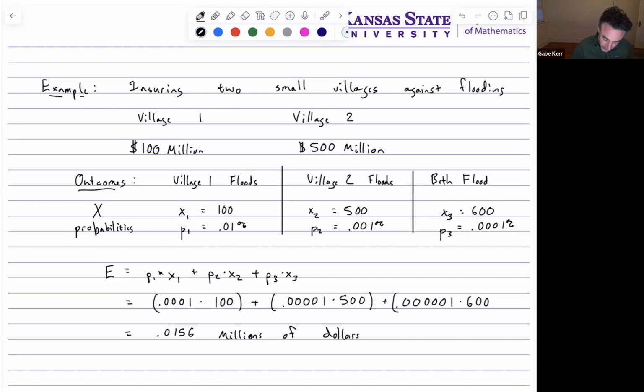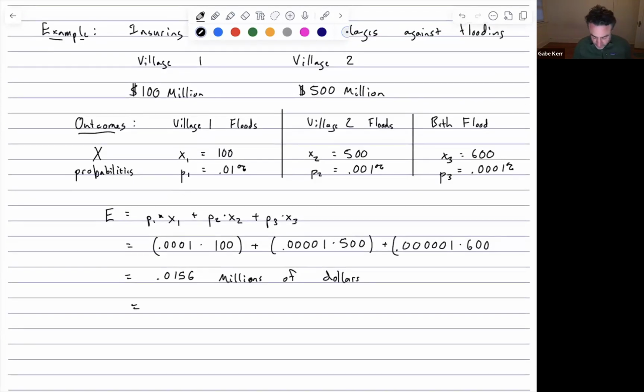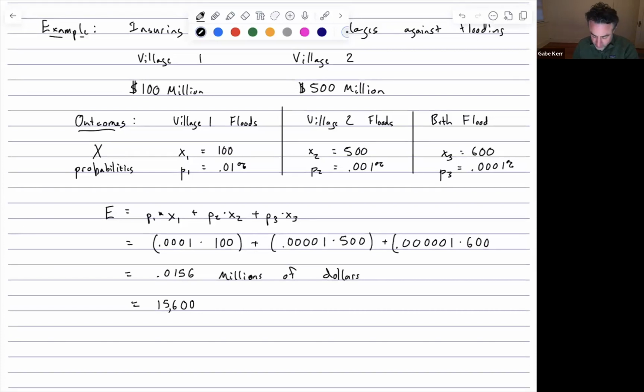But then if we converted into regular dollars, this is times 10 to the seventh. So I believe we're going to get 156 and then two zeros here. So I believe that's what we should be looking at. Yes.